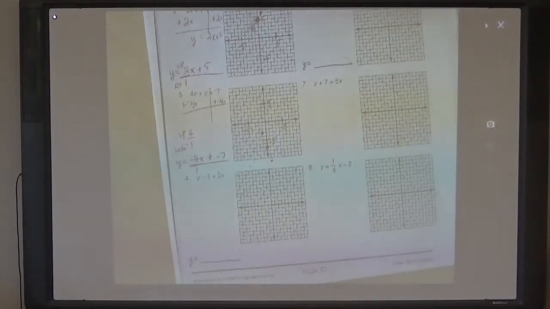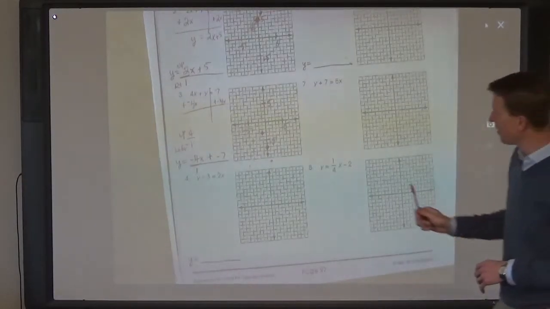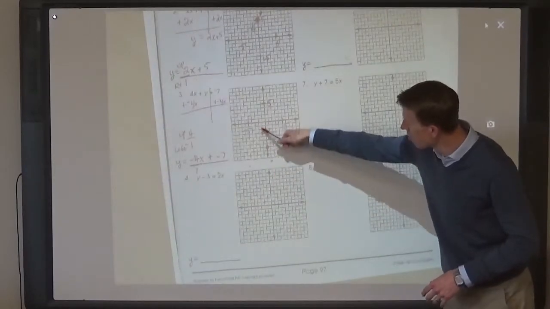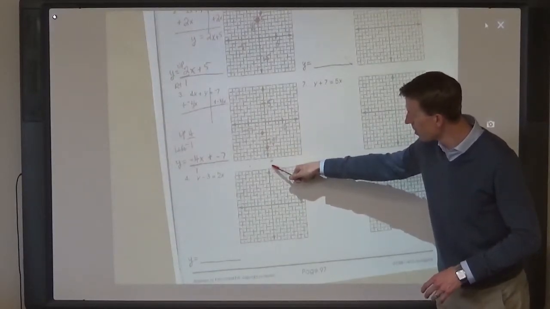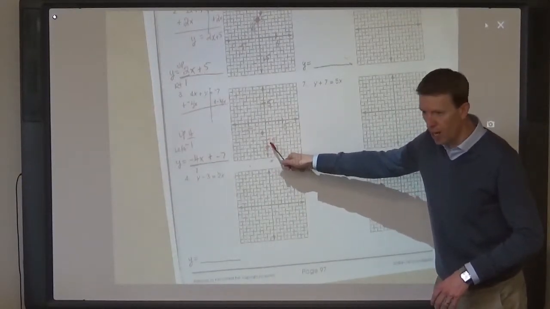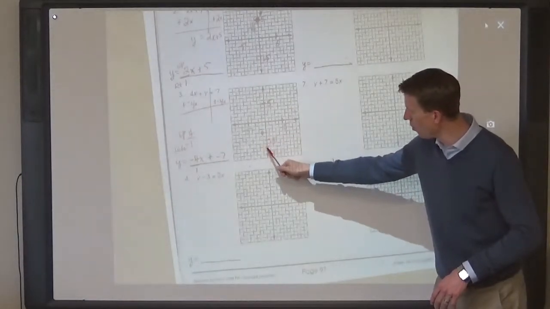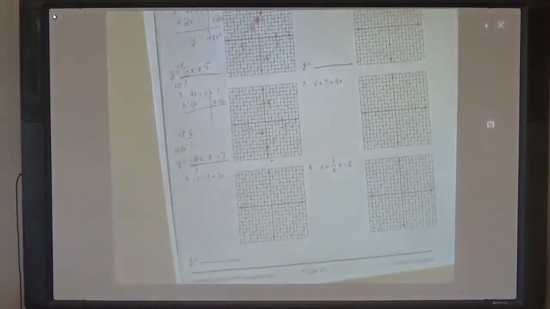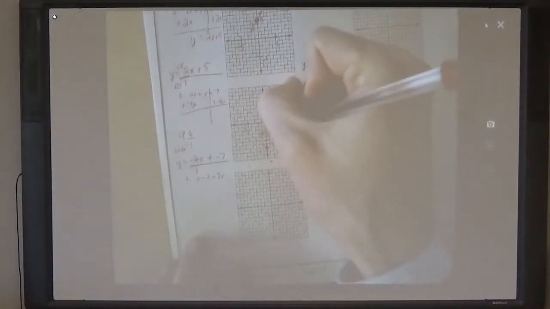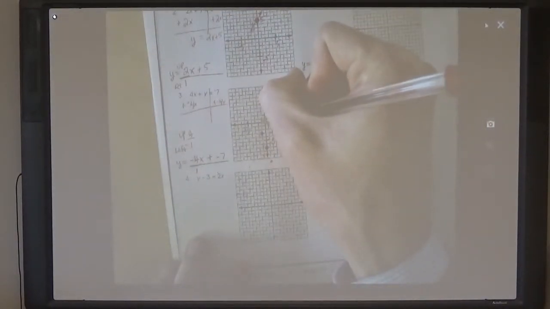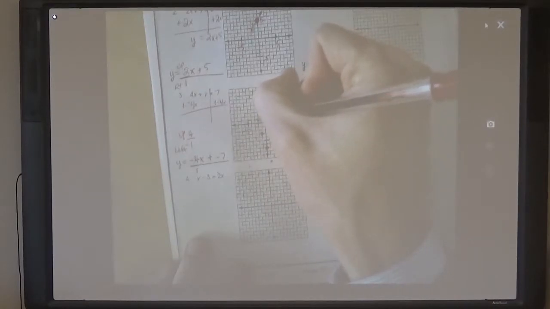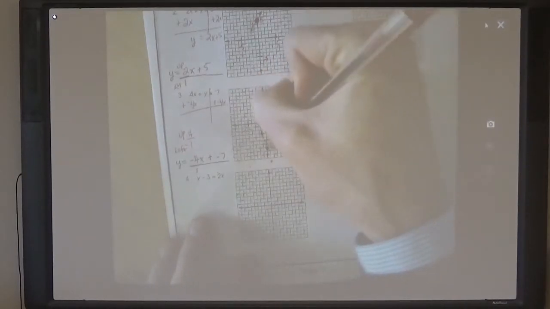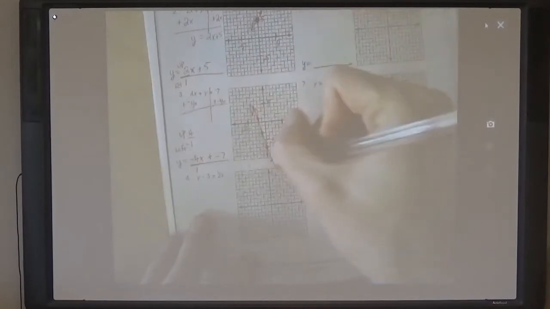That's why it's helpful to know how slope works: a negative slope goes down to the right, and so we can go up and left, or we can go down and right, and we're still on the same line. Up 4, left 1, and we can draw our line.